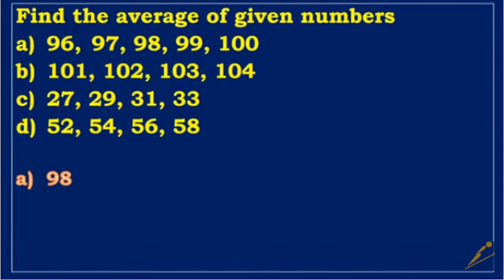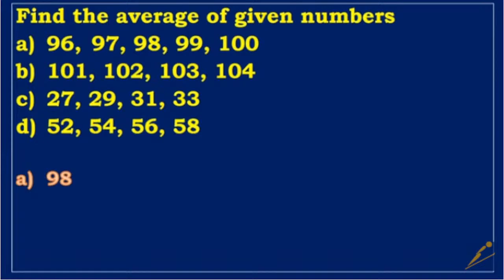Now, let us find the average of the given consecutive numbers 101, 102, 103, 104. Since the set of numbers has 4 numbers, which is even, there are 2 middle numbers, which are 102 and 103.